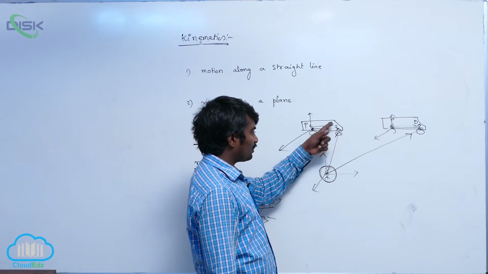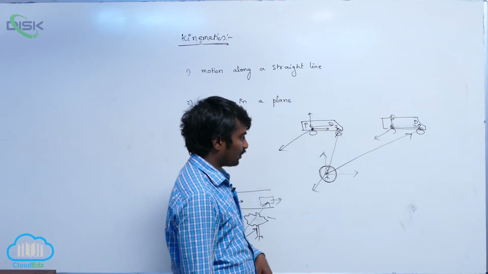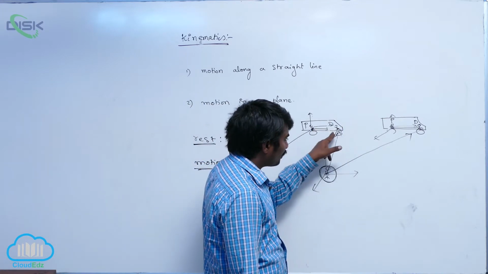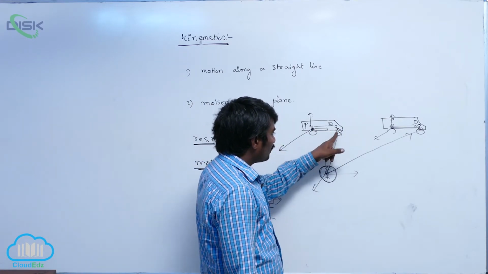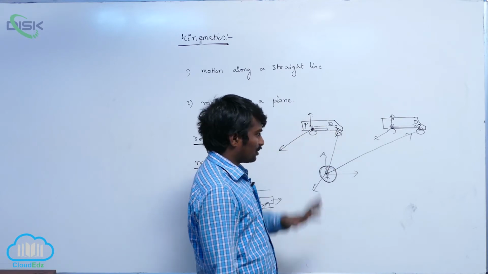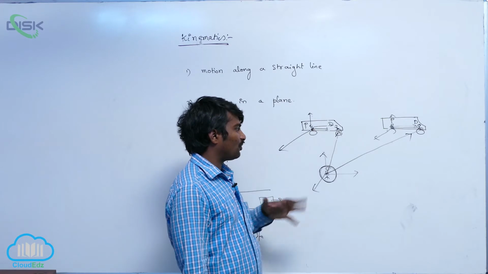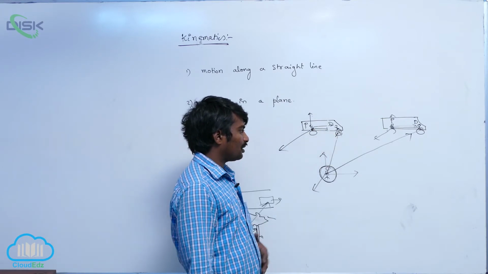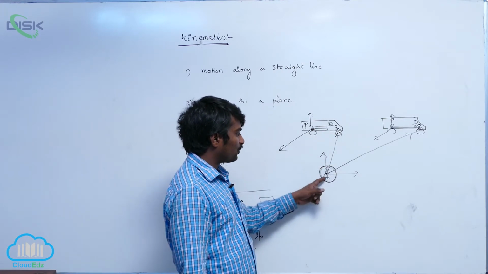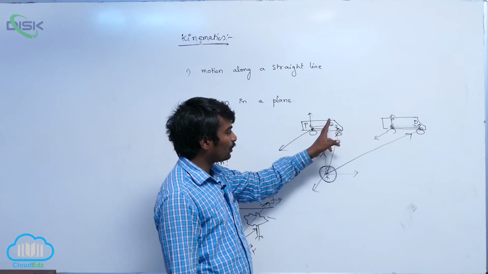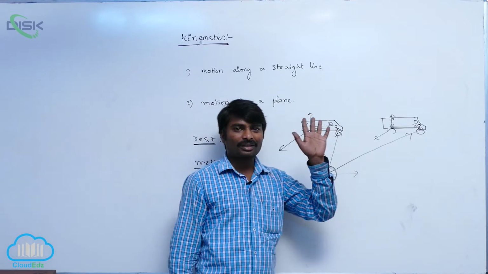Now about the driver I am talking, but I am giving two answers. One time with respect to the passenger reference frame, the driver is said to be at rest, and with respect to the reference frame attached to the person on the ground, the driver is said to be in motion. So about the driver only I am giving two answers.